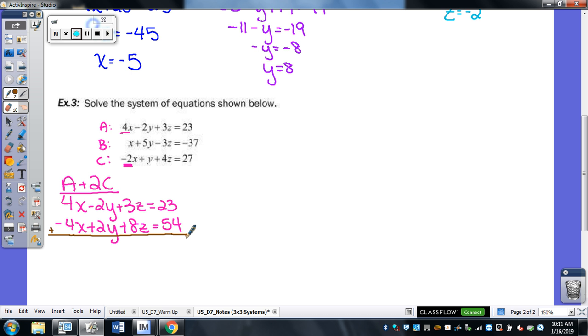So our x's eliminate. But what also happens to our y's? They eliminate too. We got rid of 2 of them.